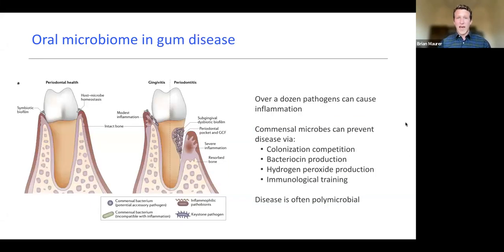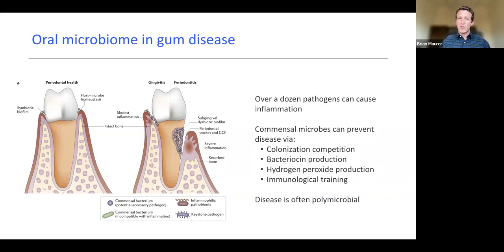Similarly, in gum disease, these tend to be more anaerobic bacteria that live where there's no oxygen in the gum line. And we know there's over a dozen different species that can lead to inflammation, often working together to cause inflammation and lead to gum disease. And again, we can look to our commensal bacteria as one of our best defenses, where they can both compete for space, like in the garden analogy, but they can also produce compounds that will prevent the progression of these anaerobes, actually harming them with molecules like hydrogen peroxide.